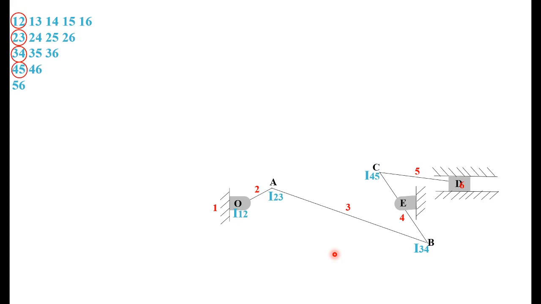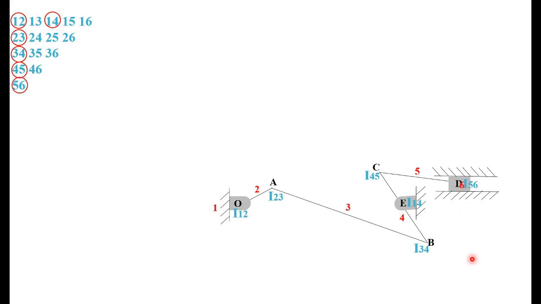Then see this link. Link 4 is connected to link 1, which is again the fixed link. So at E, link 4 is connected to link 1, so that is I14. Then we have 5 and 6 joined at D, so that is I56.